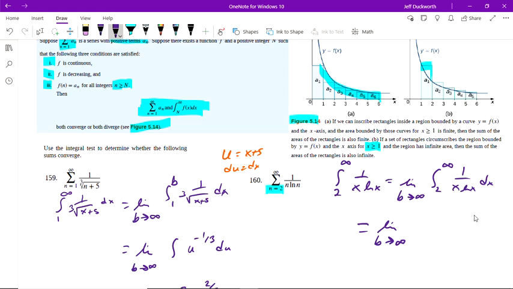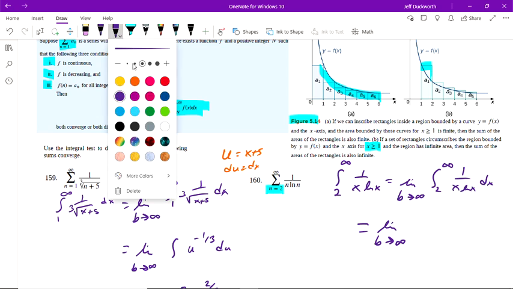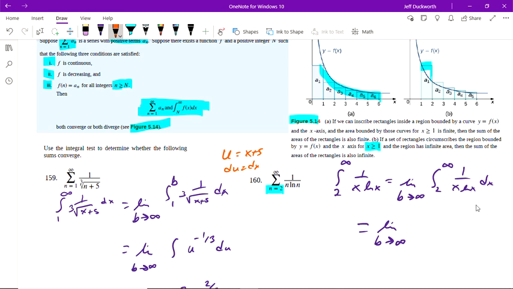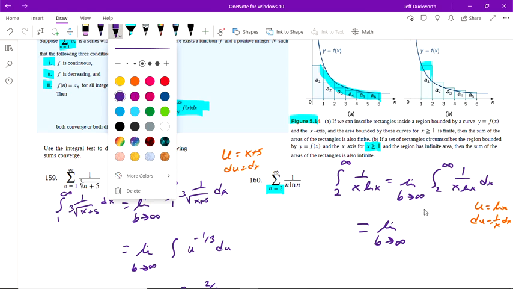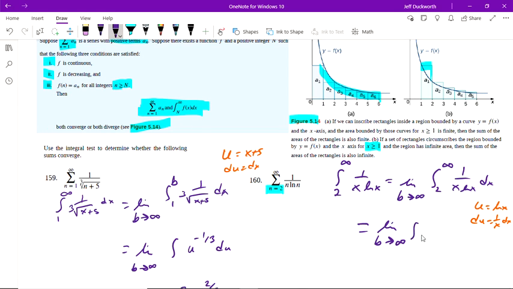Here, we can let u equal ln of x, which means du is 1 over x dx. So this is going to be u to the negative 1 du.